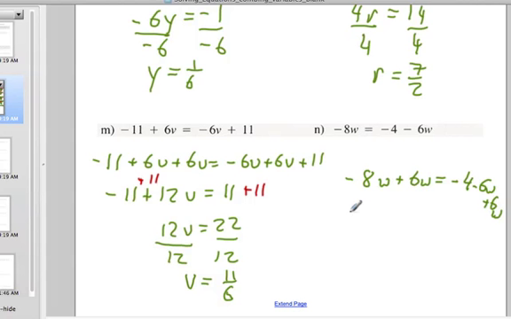And this is equal to then, one equal sign per line, so this is negative 2w is equal to negative 4. Divide both sides by negative 2. W is equal to 2.